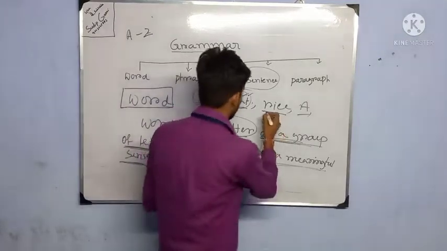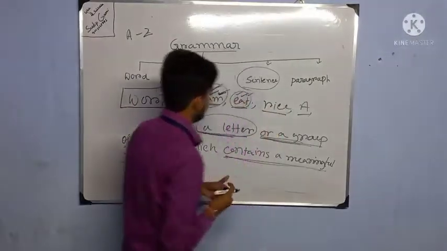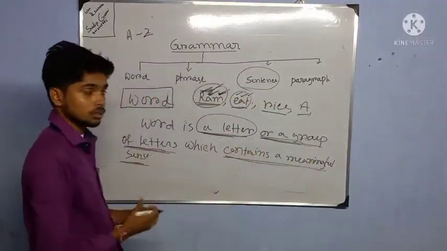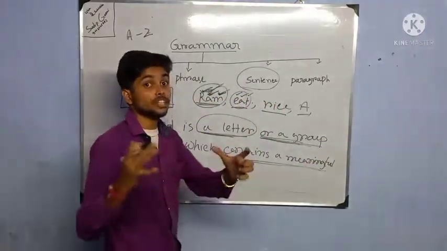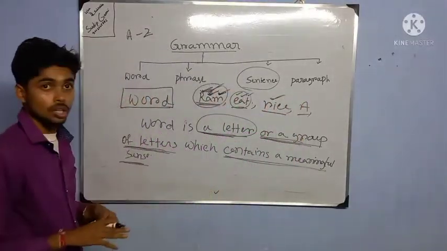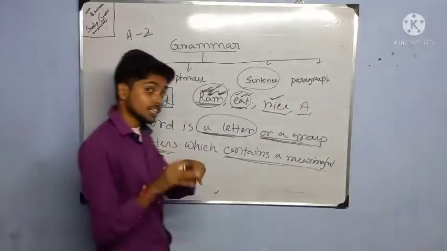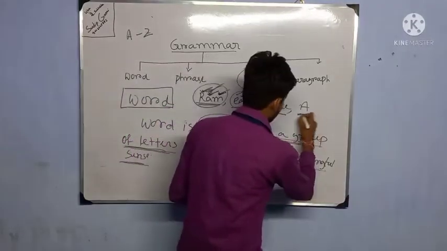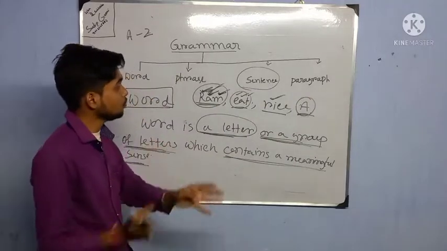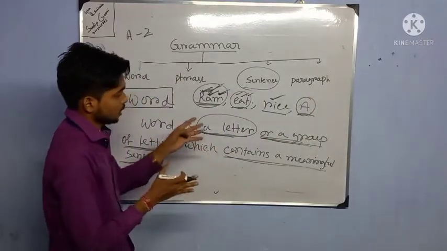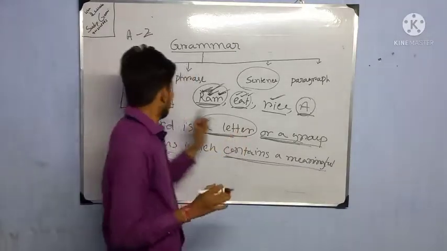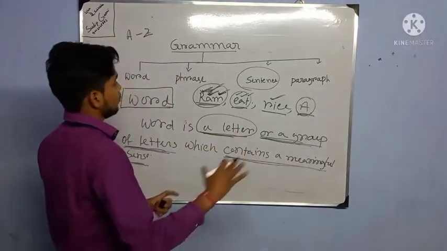And the third thing is rice. Rice, R-I-C-E, a group of letters. And second, rice means a kind of food. So definitely it is also an example of a word. And last but not least, that is A. Look, it is a misidentification, a false idea, that a word means a group of letters.